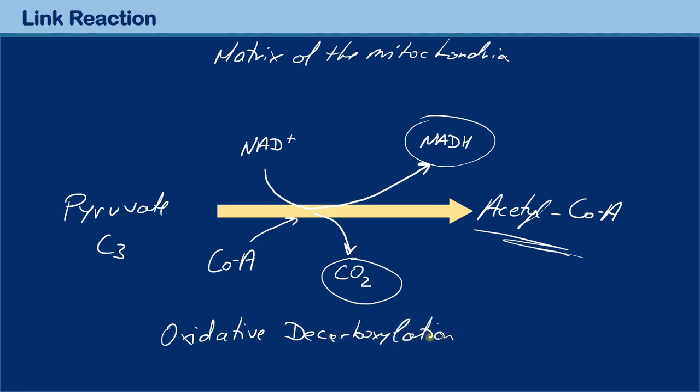In other words, if you just remember the link reaction is oxidative decarboxylation, then you already know that we have to oxidize. How do we do that? By adding NAD, by making NADH, and we're taking the CO2 away. And we have to add coenzyme A in this step additionally.